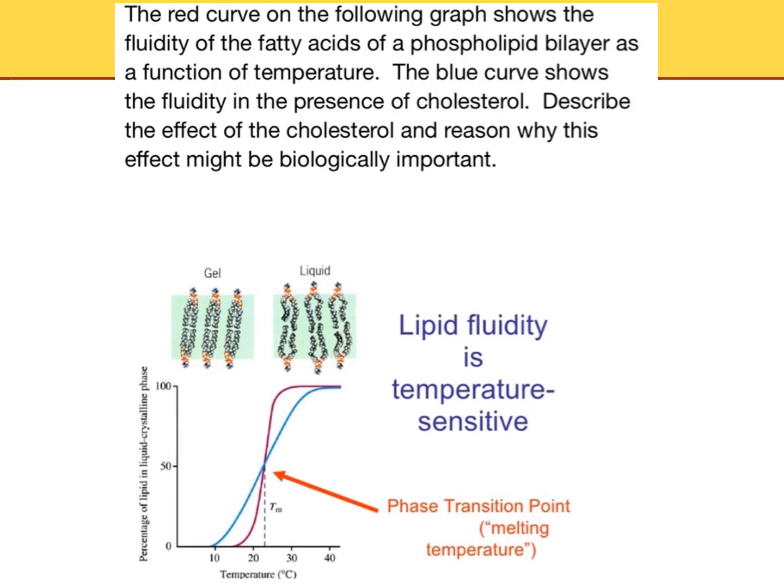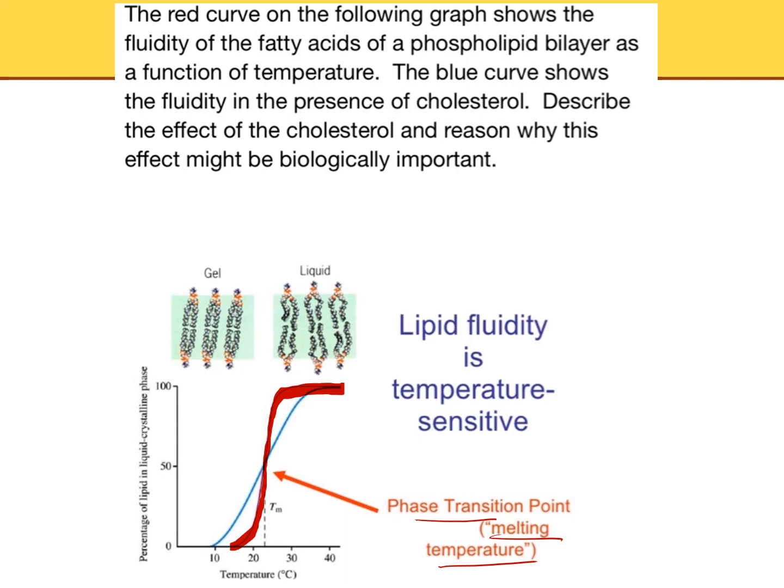Remember we talked about the melting temperature or phase transition. So that's shown here. If you have a normal biological membrane and you increase the temperature, there's a sharp transition point. This is the crystalline phase.